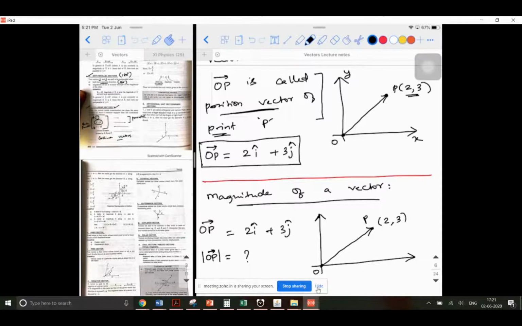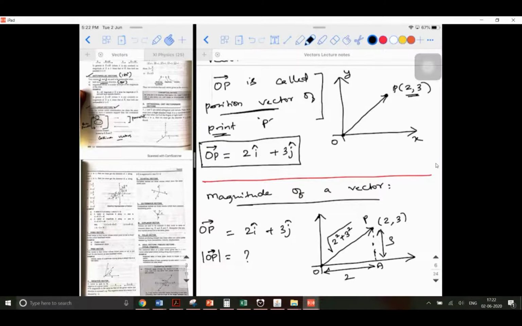We have to draw a straight line from point P which intersects the x-axis. Okay, you're saying you'll drop a perpendicular. Is that what you're trying to say? So let's mark the point of intersection as A, for example. Okay, A. So OA is 2 and AP is 3. According to the Pythagoras theorem, this becomes the root of 2 square plus 3 square, which is root 13.